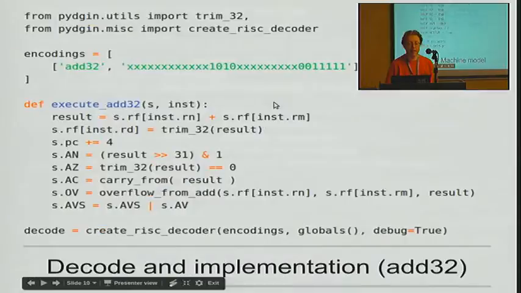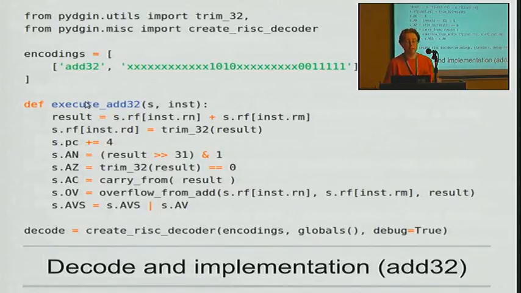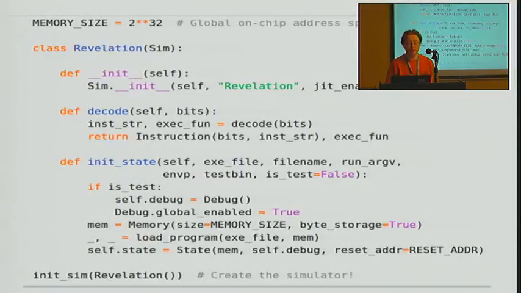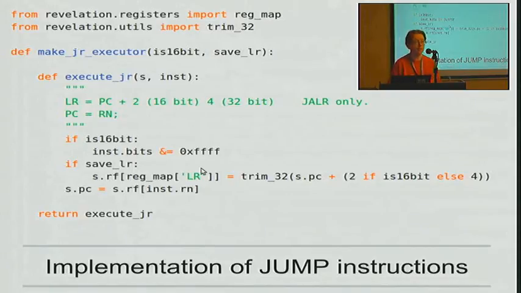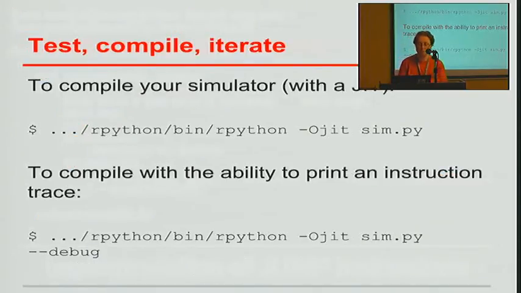And then where we have this stuff, we say, well, if it's jump and link register 32-bit, then this thing is false and this thing is true, and that gives us back this function with its correct configuration to do the right thing for that particular sort of jump instruction. So this saves a huge amount of duplication, which is really nice.